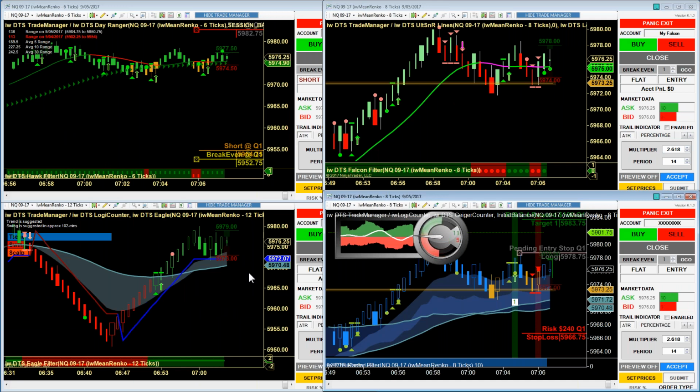Everything else kind of in limbo at the moment. You can see the Falcon here. Trend line is breaking up, filter is breaking up. This has got a similar problem to the Hawk trade, but in reverse.